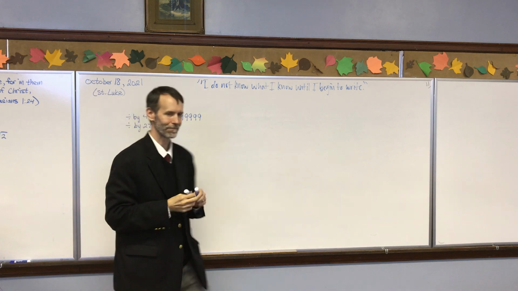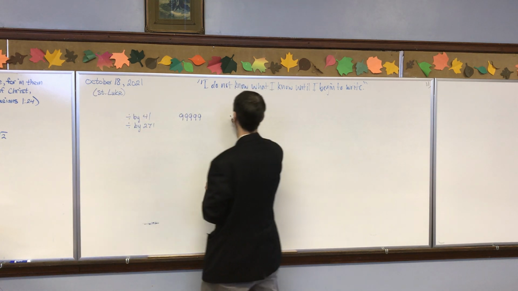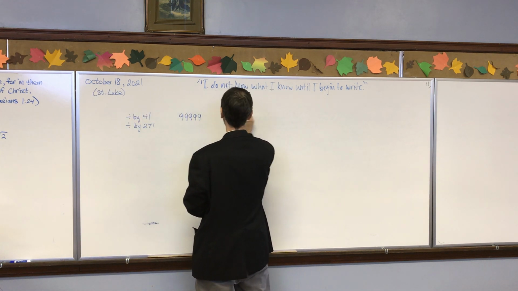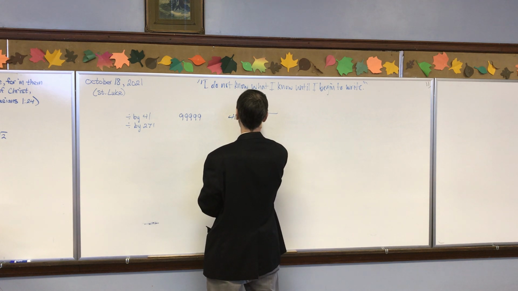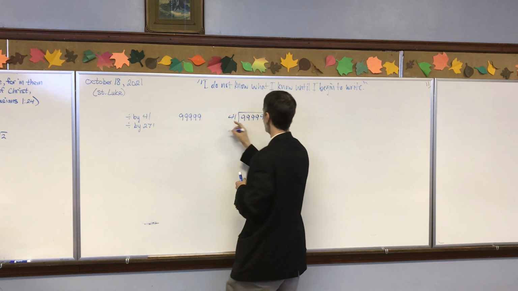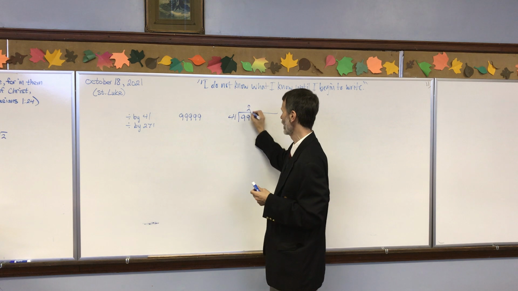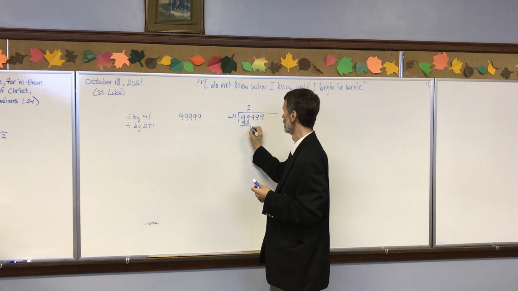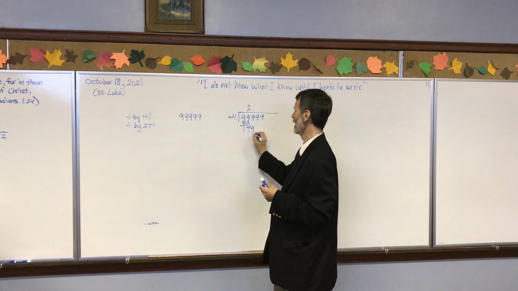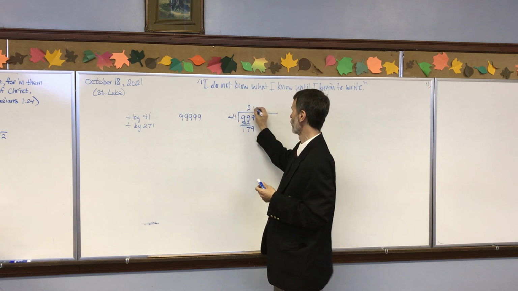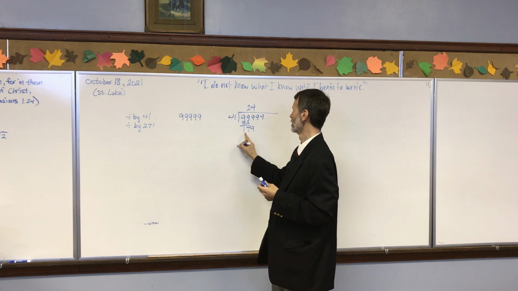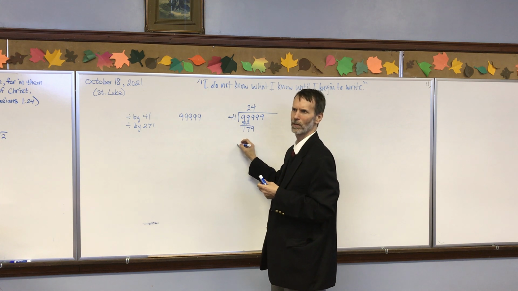There's only one way to find out. Let's try it. So 41 into 99,999. 41 goes into 99 twice, that's 82. 17. Bring down the 9. This is 4 times, 164.